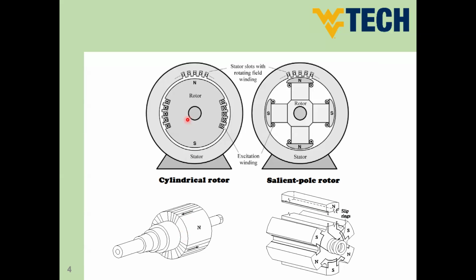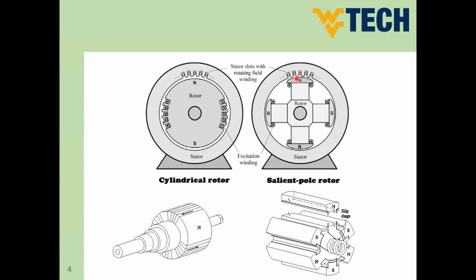In summary, we have salient pole and cylindrical type. The cylindrical type has a uniform air gap. Salient pole machines have a salient or non-uniform air gap. Due to the big diameter of the salient pole machine, we will have many poles inside this machine.